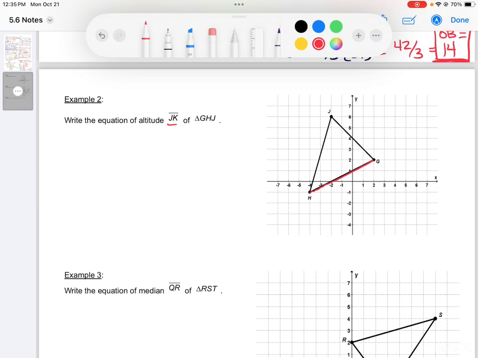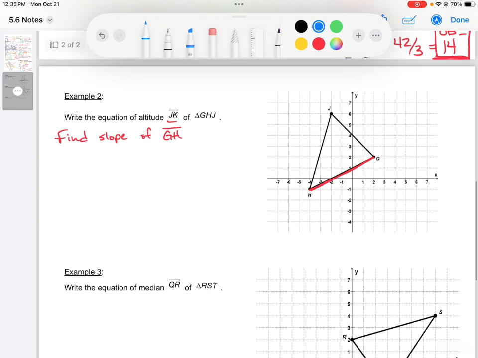And so what I've got to do first is find the slope of line GH, the line that I just outlined in red right here. I want to find its slope. And yes, you could just count over and up, but I'm going to actually find it algebraically.